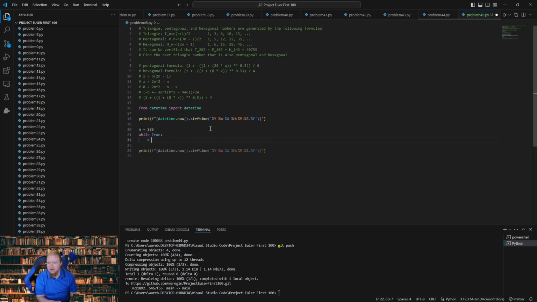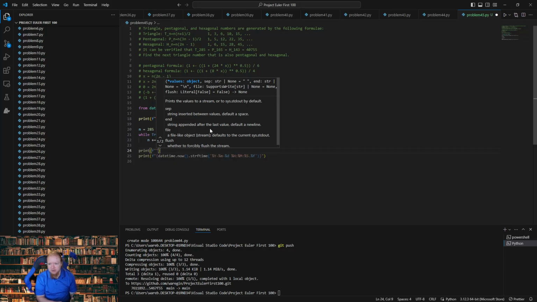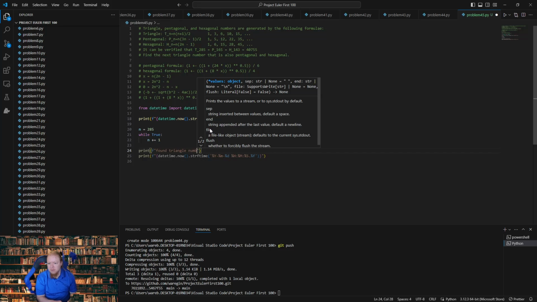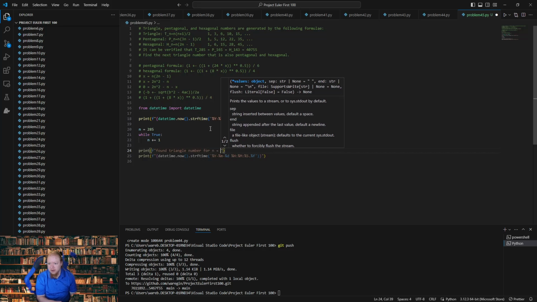I'm actually going to change this to n equals 285 and then plus equals 1 being the first line of the loop. And that is because when I go to print this, I want to be able to do something like found triangle number for n equals n, and I don't want to have to do any sort of off by one error thing.